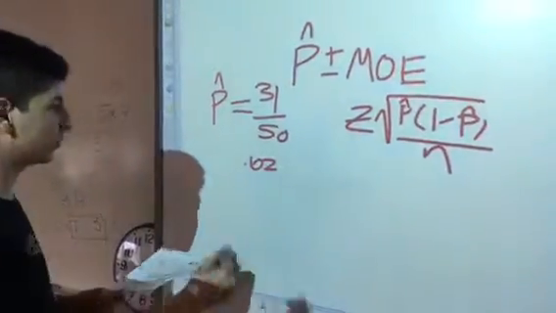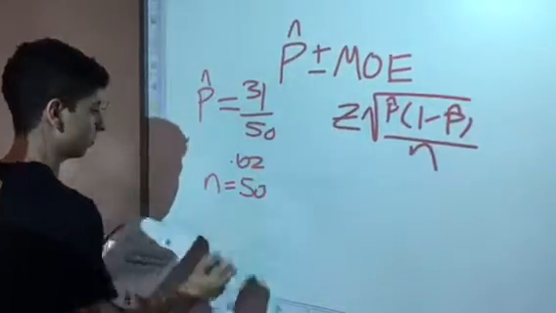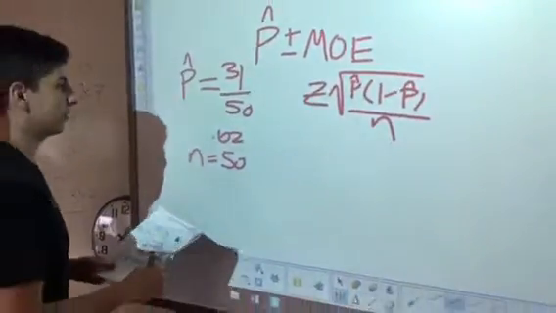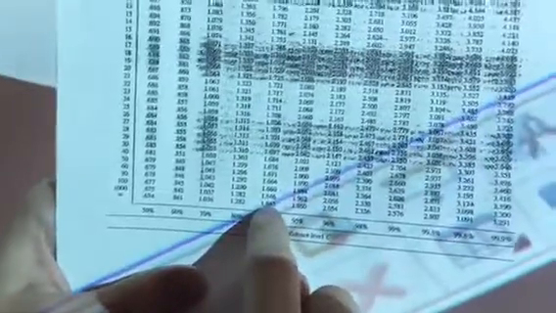Now, our sample size, n, is equal to 50, so the last thing to figure out is our z-score. Since we are doing a 90% confidence interval with infinite degrees of freedom, you would just use your formula chart and look at their intersection, and that yields a z-score of 1.645.